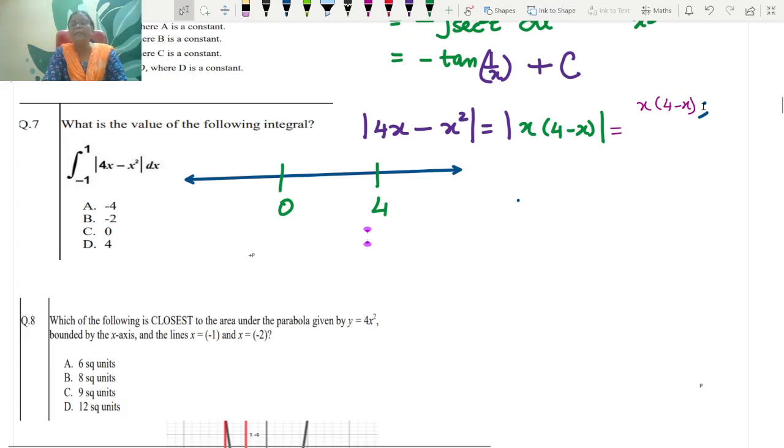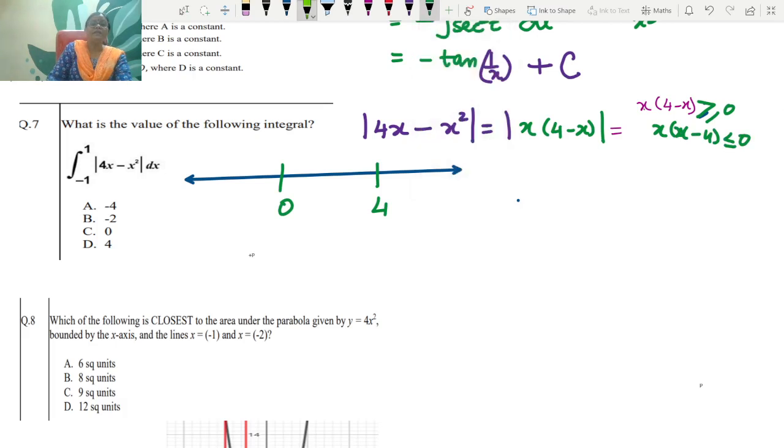But this 4 minus x has to be greater than or equal to 0, which means x times x minus 4 is going to be less than or equal to 0. So where is this negative? Again, on the number line we move from right to left and start marking the regions plus and minus. So this region is plus, this region will be minus, this region will be plus.